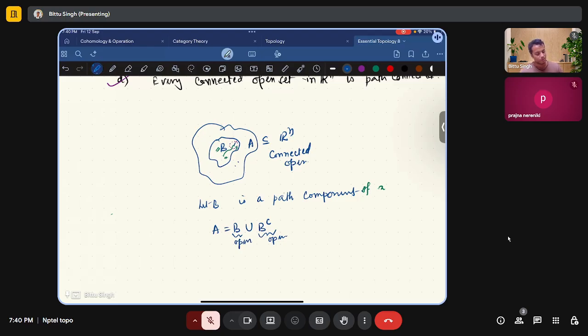A is a connected open set, but it breaks into two disjoint open sets, and both are non-empty. We have assumed both are non-empty, and then we are getting a contradiction.